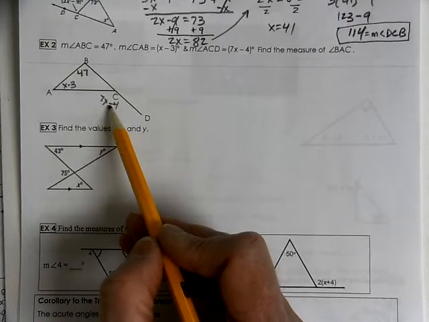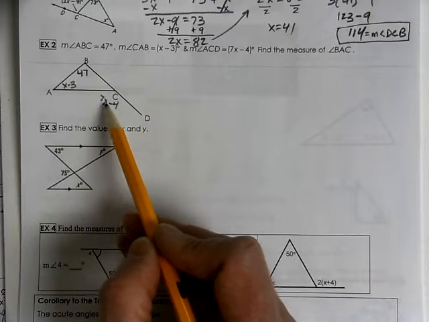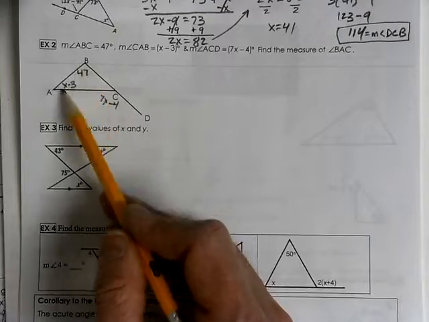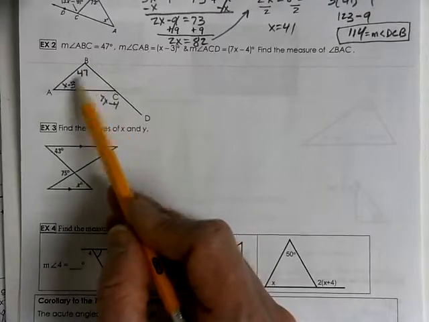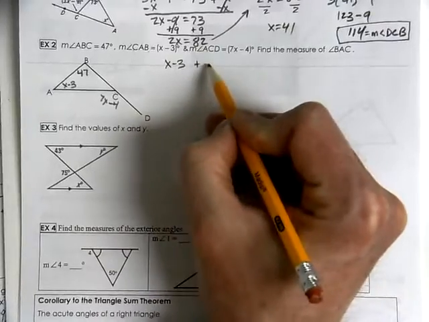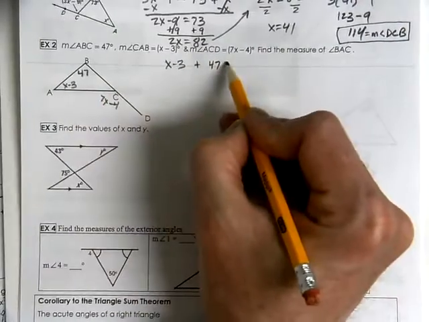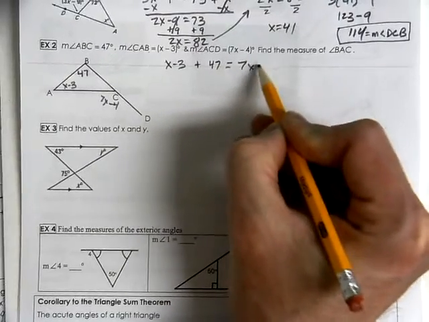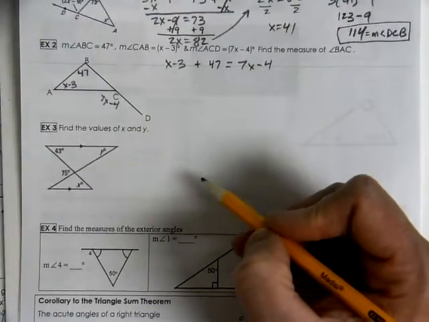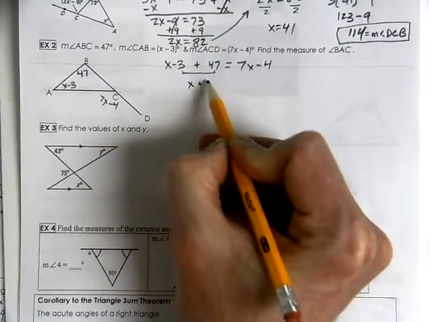Oh, but I have this exterior angle, and I've learned that the exterior angle is going to equal the two angles that are not next to it. So x minus 3 and 47 are going to add up to equal 7x minus 4. So we group our like terms together.